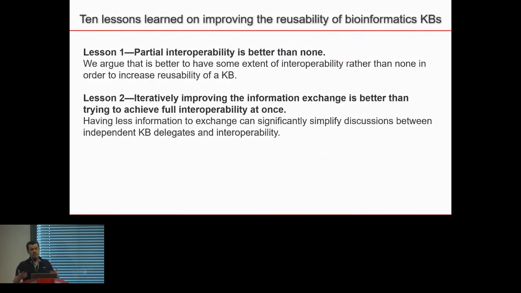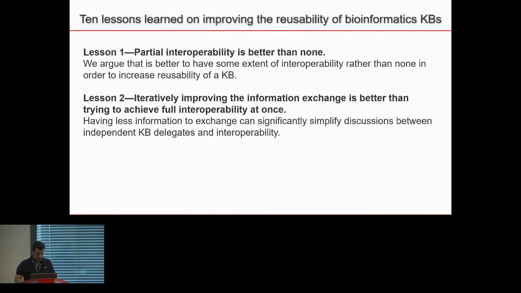Because with less information to exchange, it is less difficult, and you facilitate the discussion with the delegates of the different knowledge bases to make that interoperability possible. Another important reason is that once you establish some extent of interoperability, even partial, the delegates of the different knowledge bases will be more prone to improve it over time as well.